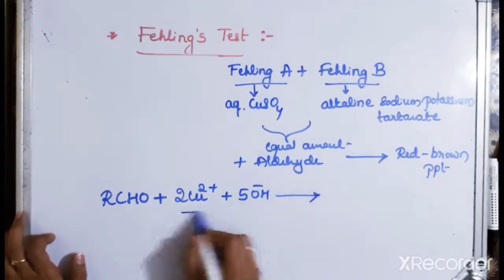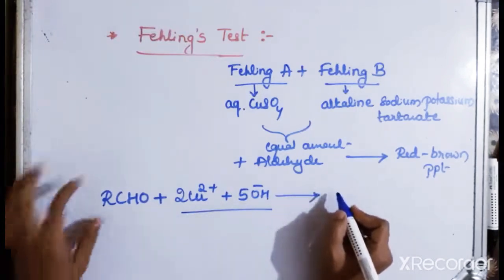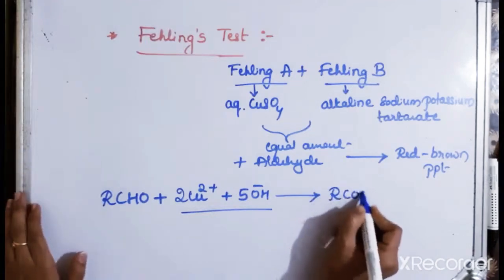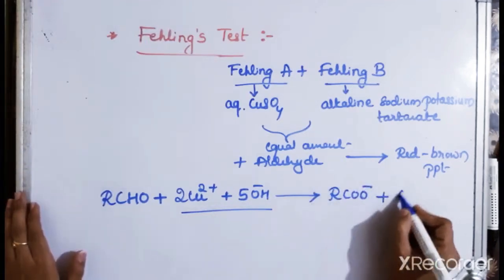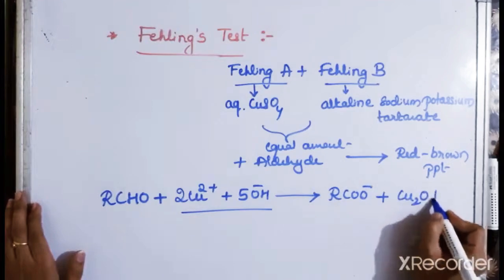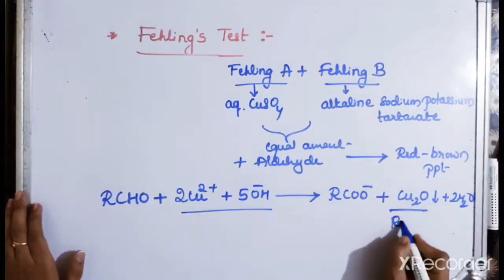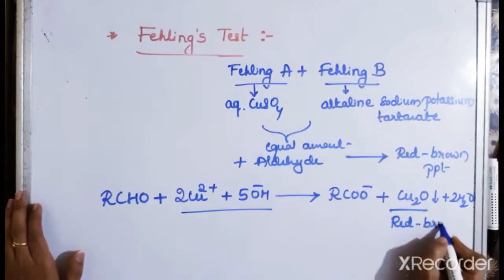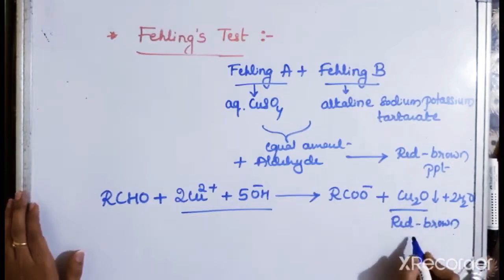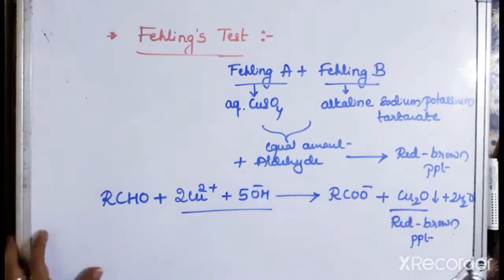This is oxidizing the aldehyde group to the carboxylate ion, and you are getting copper oxide as a reddish brown precipitate. Whatever the reddish brown precipitate is formed, it is because of the formation of Cu2O. So this is how the reaction takes place.